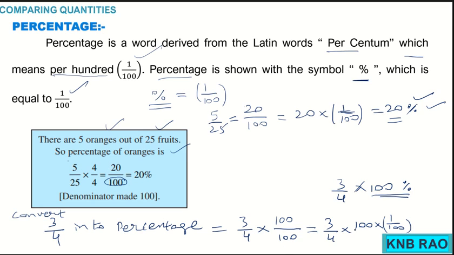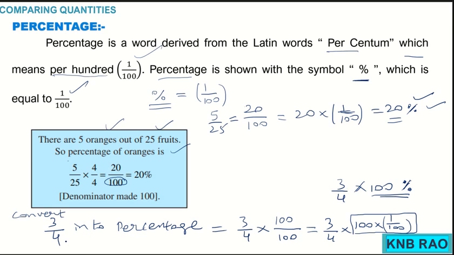Why? Because this 100 into 1 by 100 is nothing but 1. Instead of 1 by 100, I have written the percentile symbol.